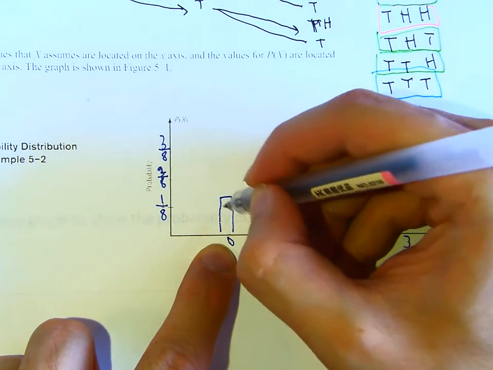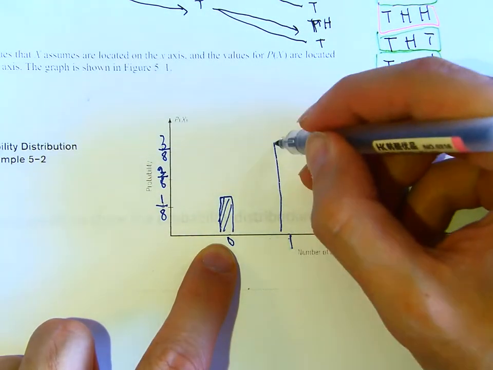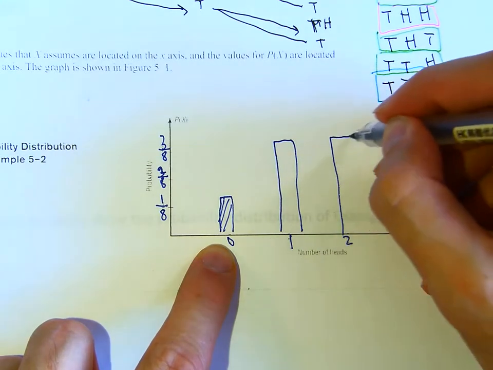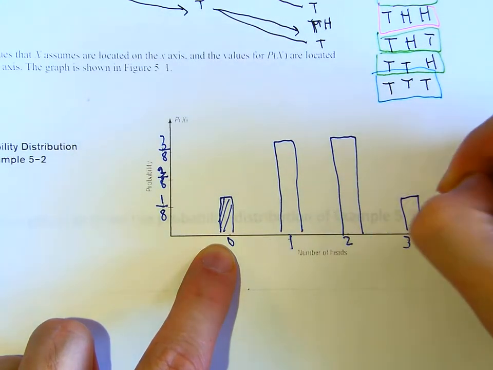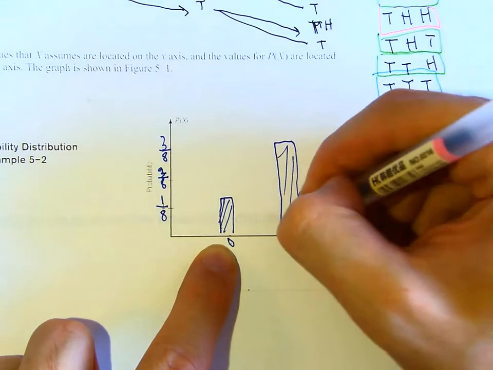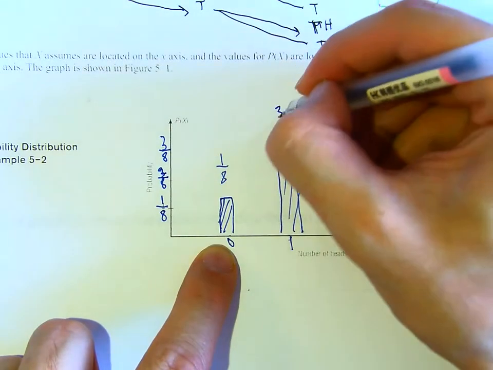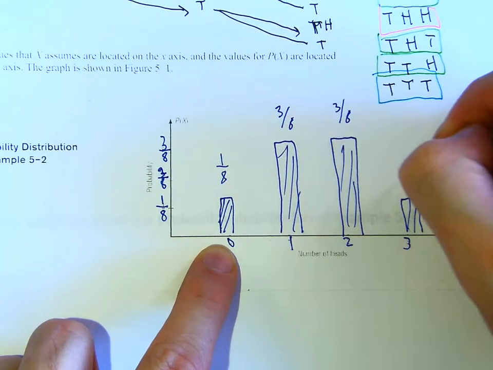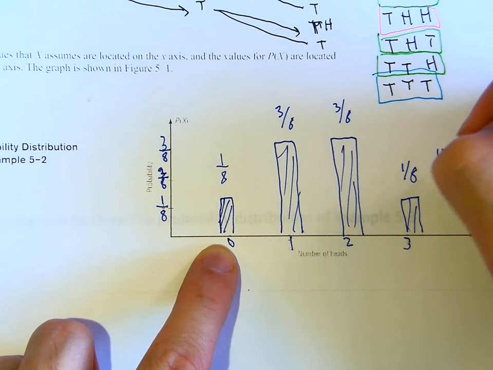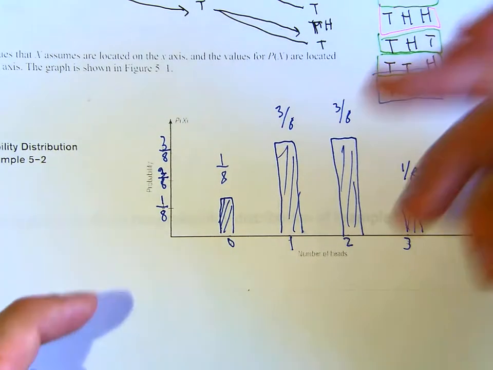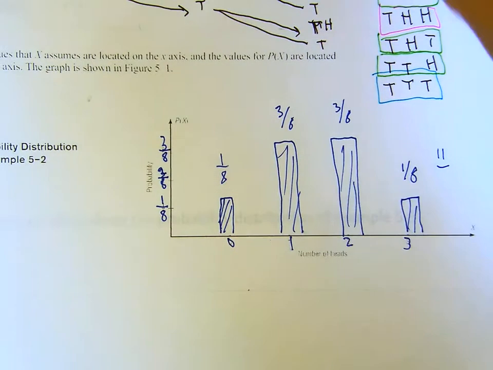It'll just be 1 out of 8. 1 head is 3 out of 8, something like this, right? And this is 1 out of 8, 3 out of 8, 3 out of 8, and 1 out of 8. Okay? That was just the little warm-up of getting a probability distribution.